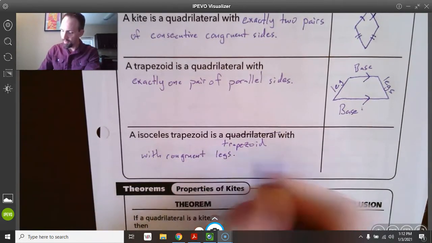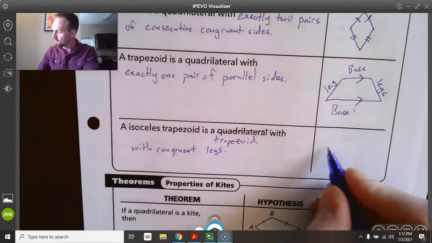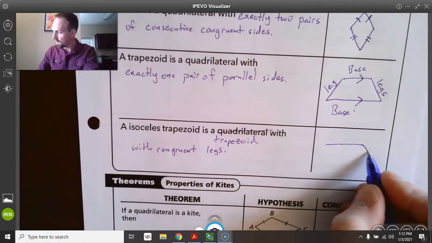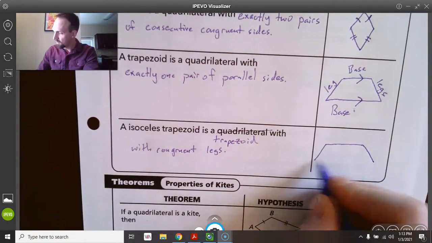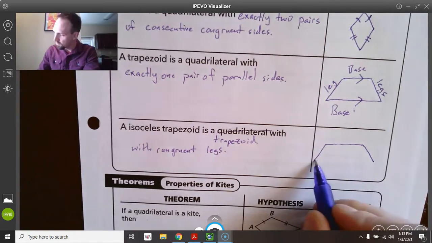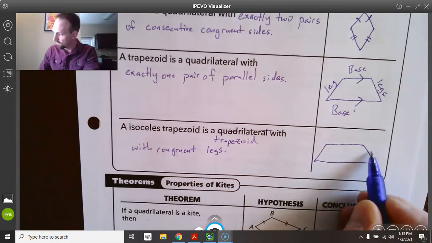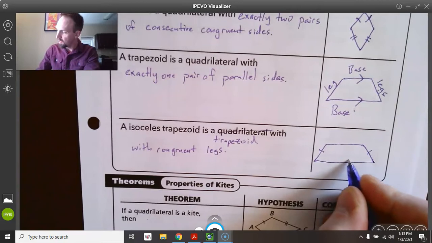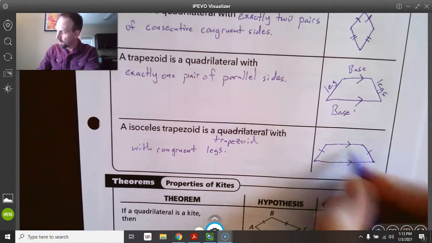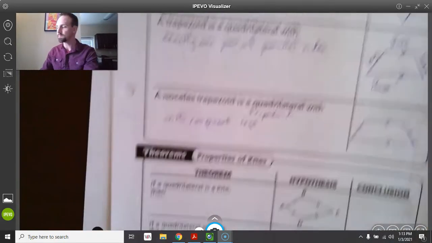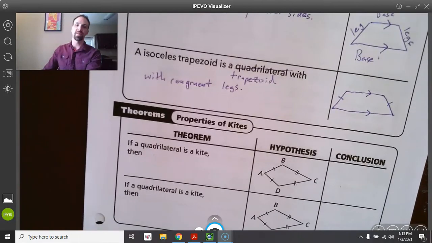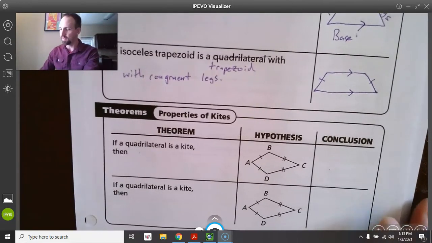And so I talked about what a leg was on the previous one. So now, if I draw this out, these two side lengths here are congruent, and then these two sides are parallel to one another. And now we can do some theorems, some properties of kites with this information.